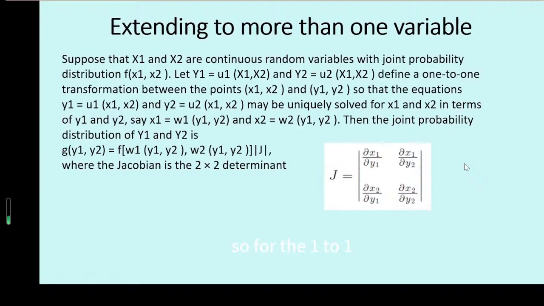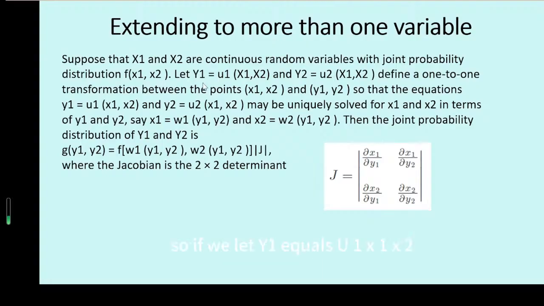For the one-to-one transformation, we can also extend to the case of more than one variable. Suppose that x1 and x2 are two continuous random variables with joint probability distribution f(x1, x2).